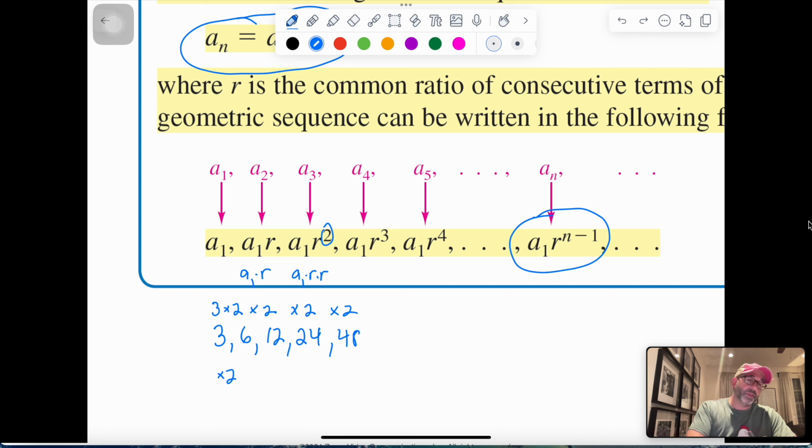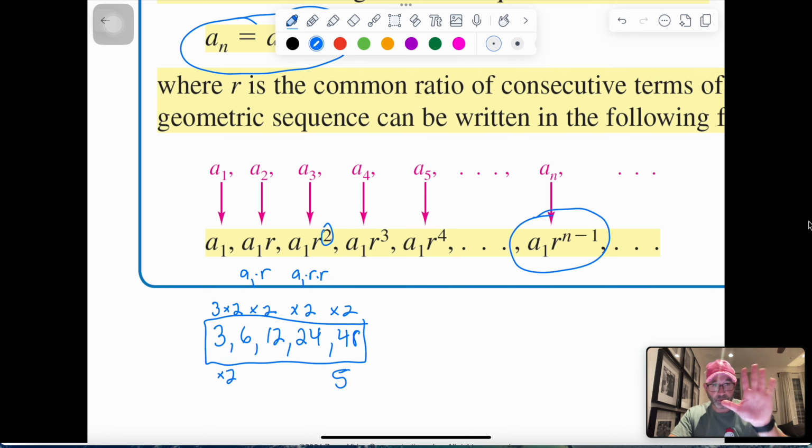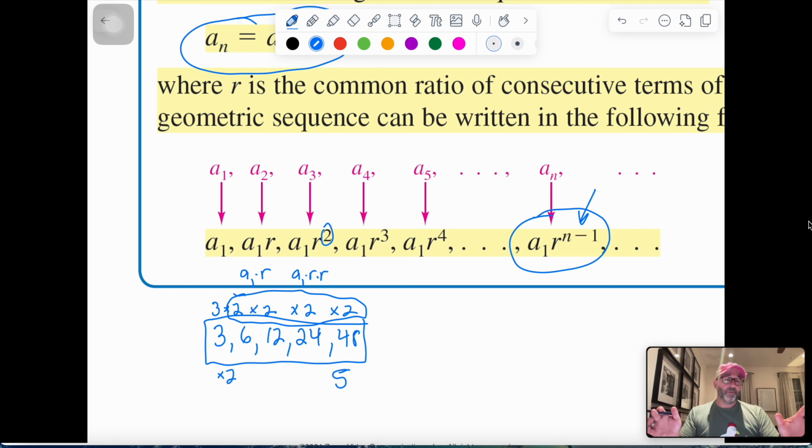If I continue this pattern indefinitely, you'll always notice that there are 5 terms here, but the number of 2's involved is 1 less than the number of terms. There are 5 terms, but we only have 4 2's, which means we have 1 less r in the overall problem. This is where our formula is actually derived from.